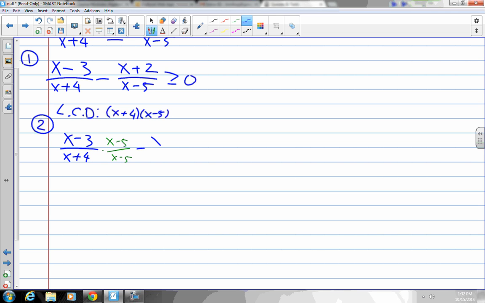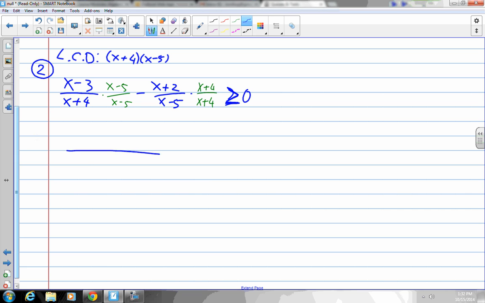While the second fraction is missing x plus 4, so we'll multiply by x plus 4 over x plus 4. Is that okay? Because with subtracting fractions, you want to have the same denominator.